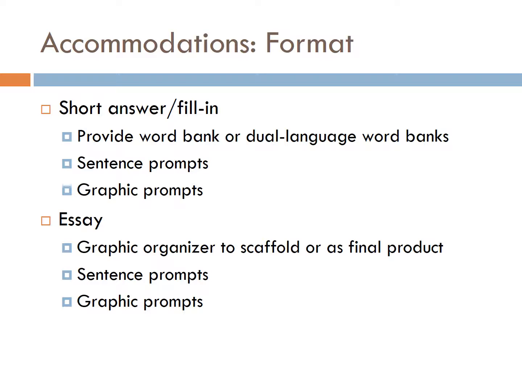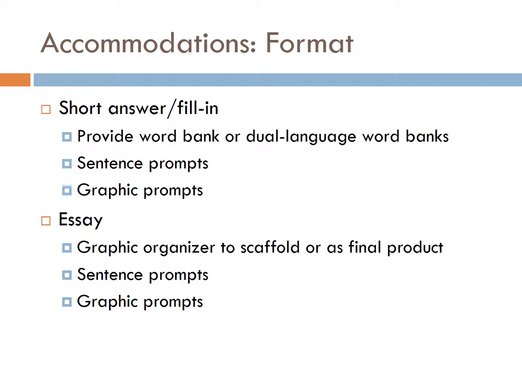So you might say, write an answer to this question and make sure you use all the words in the box below. You can also use sentence prompts. So instead of just expecting them to come up with a short answer from scratch, you could give them sentences and ask them to write the words that go into the blank.